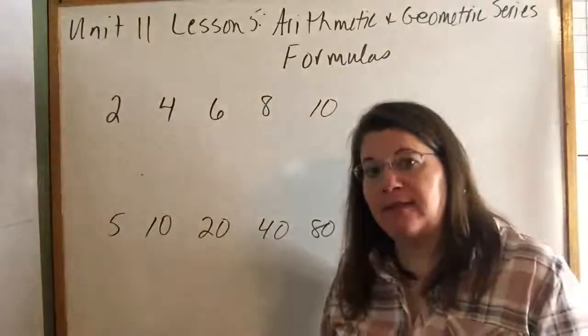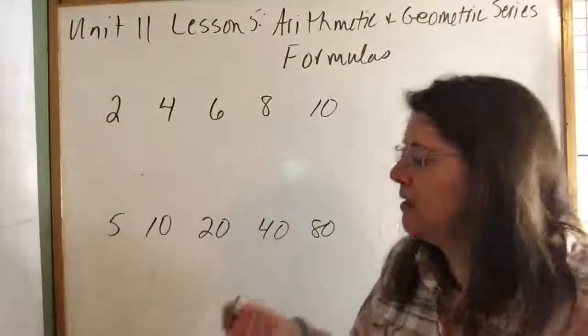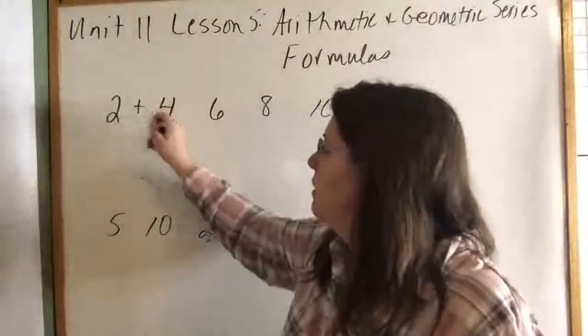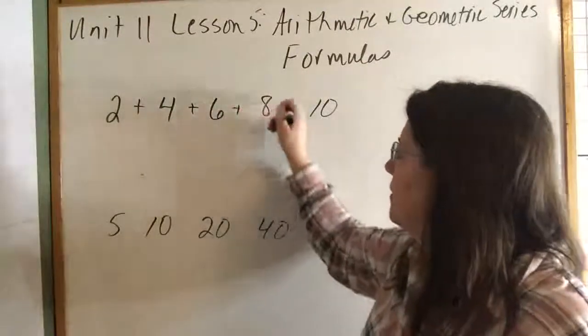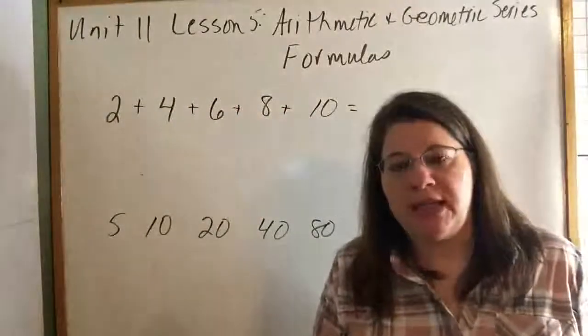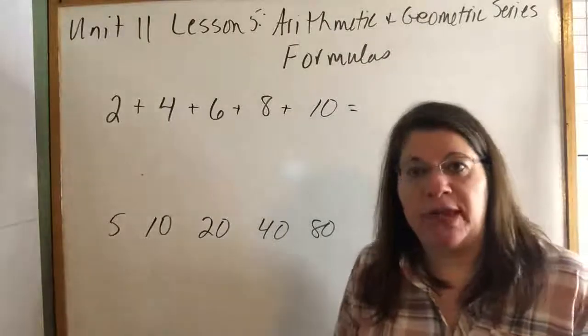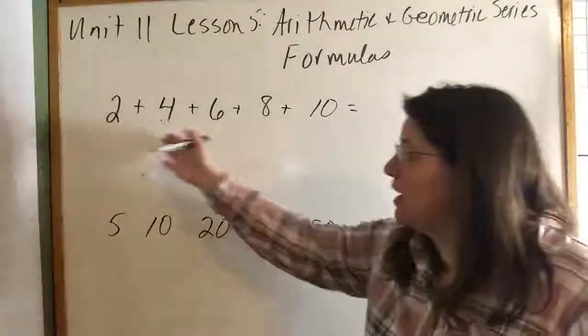So how do I make this a series? Well, instead of just listing the terms, I'm going to have pluses in between. And your question might say, add the first 5 terms of the following arithmetic sequence. Well, this is arithmetic.